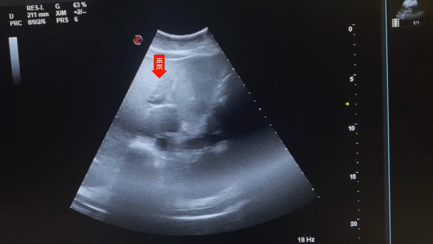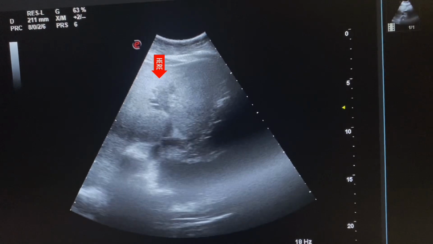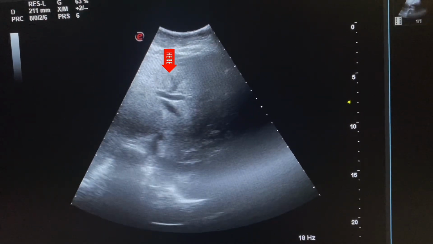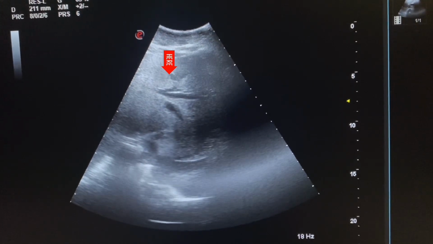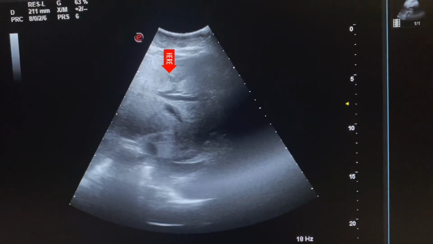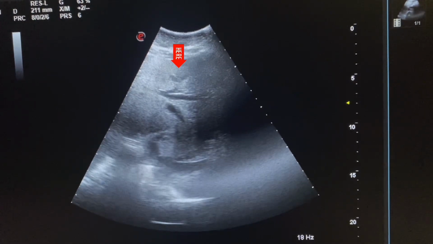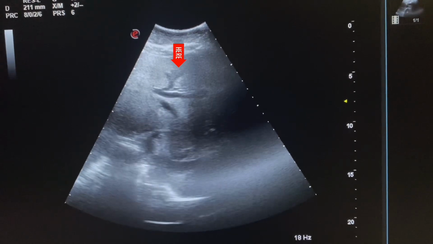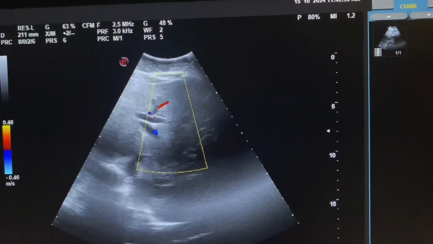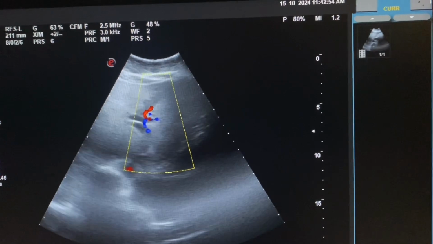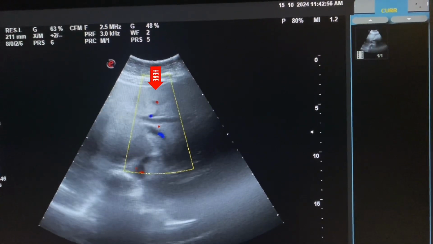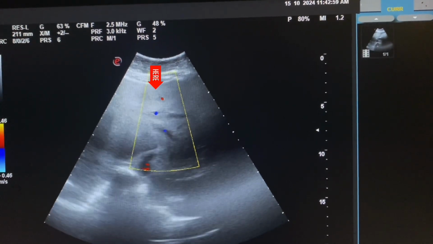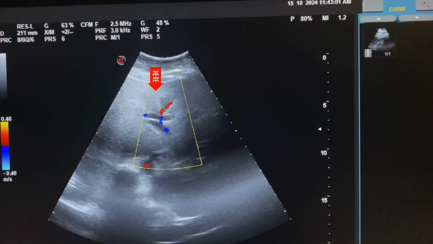Here we also see a streak of hypoechoic area adjacent to the vessels. Now on color Doppler we see normal arterial flow adjacent to the veins.